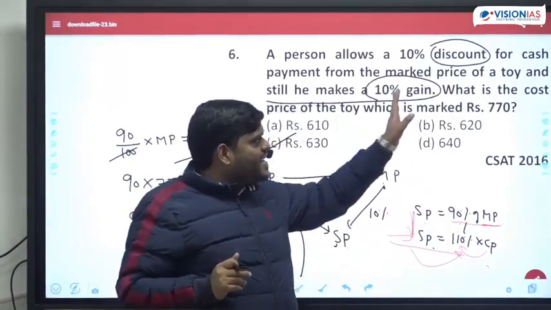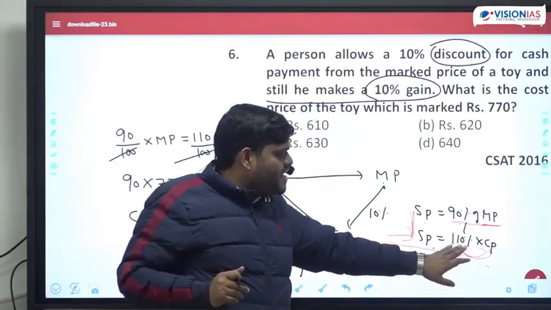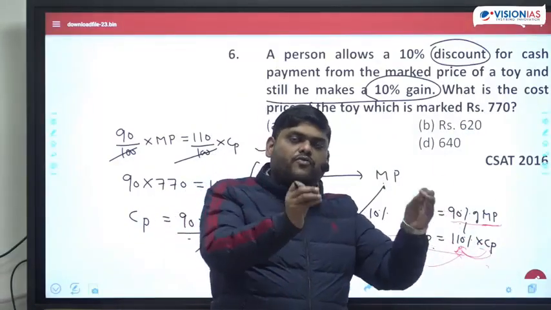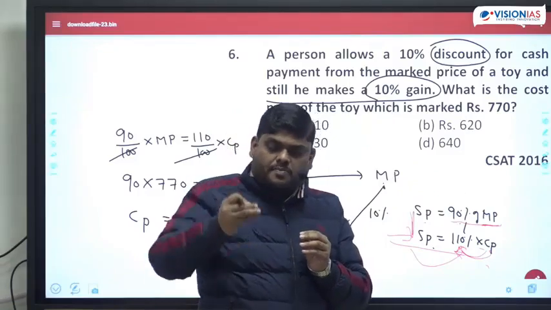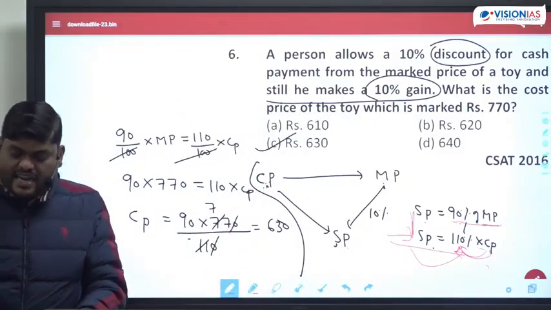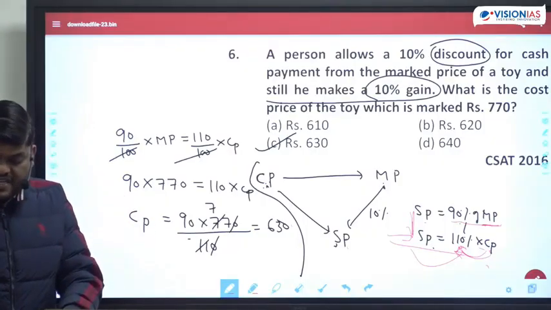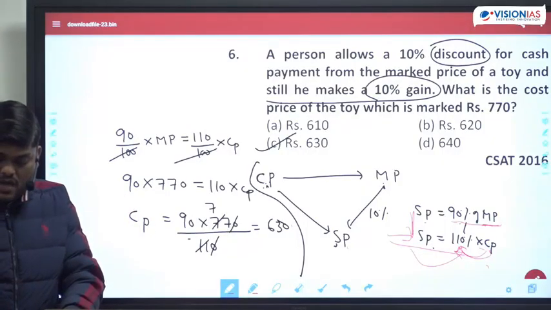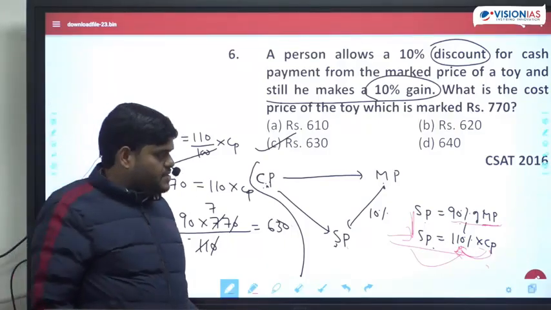So if there is a gain of 10%, the CP becomes 110%. Why? Because the CP was already 100%. If there is an increment of 10%, the value is increased by 10%, which means now it becomes 110%. Is this making sense or not? Okay, sir?